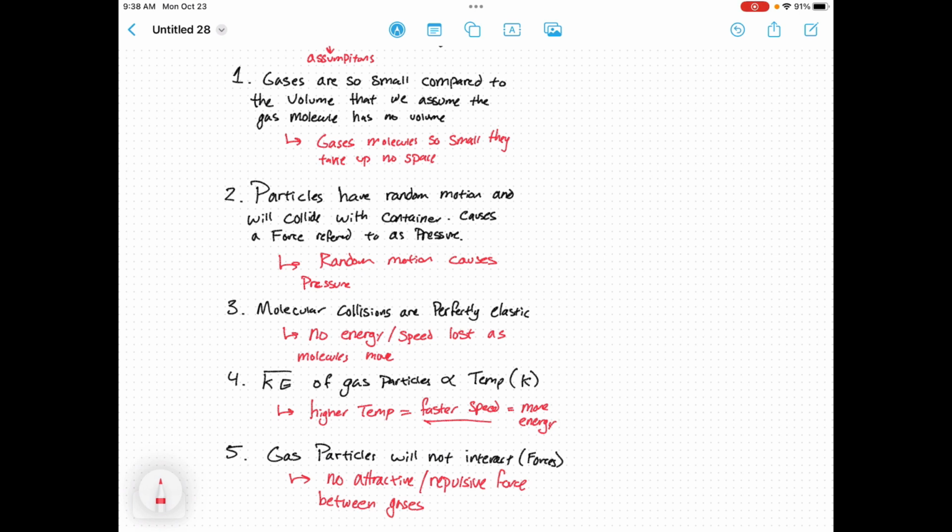Your gas molecules are going to have no energy or speed loss, so whatever energy or speed they start with, they will end with. We're also assuming that at high temperatures, your gas is going to move faster, meaning your gas has more energy. And finally, there are no attractive or repulsive forces between your gases. These are the 5 assumptions that we make.